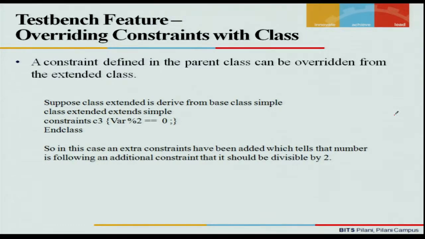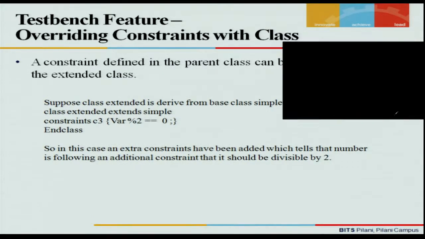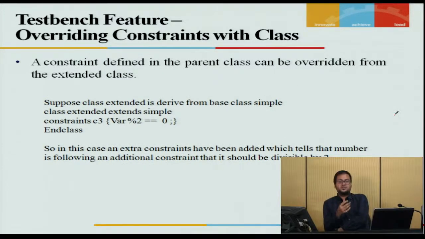The best feature of constraints is that they can be overridden at any point of time. You can override the constraints from the extended class. You can override the constraints from the test bench as well. So if you have to do some negative testing, you can override the original constraints of the class, or you can modify the constraints of the class.